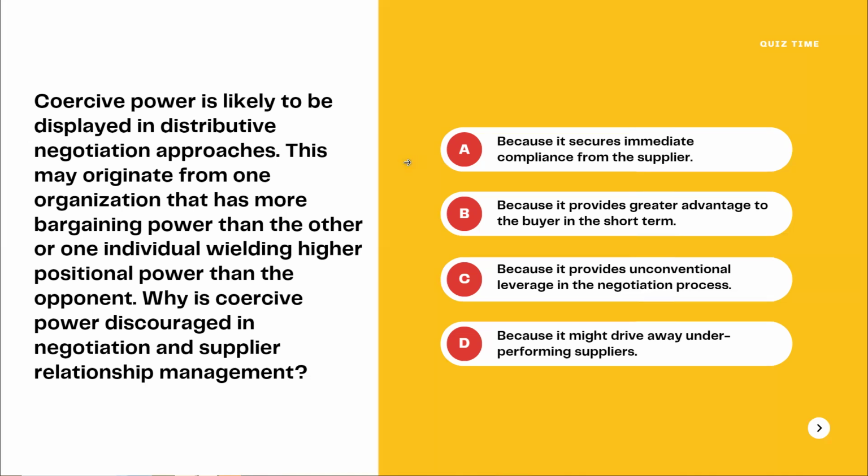Option C, because coercive power provides unconventional leverage in the negotiation process. Right, and I see that most people select this answer. But whether the majority is correct.